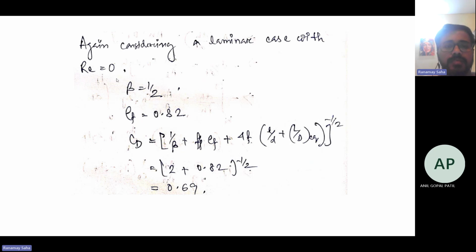So in the laminar case, let's consider Re about 0, right? So the beta in this case becomes 2, the standard value. F here becomes 0.2, the same way we have calculated F in the other case in the turbulent regime. Okay.